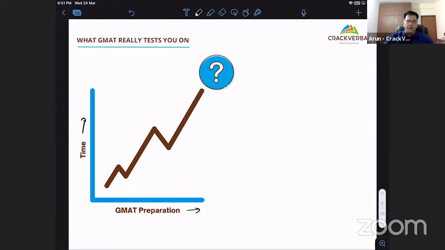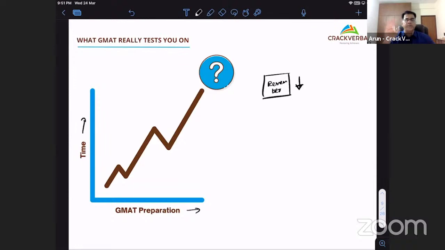So what happens a lot of times is that people keep on preparing, thinking that there is some point where I will learn all the formulas or all the rules of grammar by which miraculously I'll be able to solve all sentence correction questions. Not going to happen. In fact, I would say that the amount of stuff that you need to remember on the GMAT is fairly finite, right?